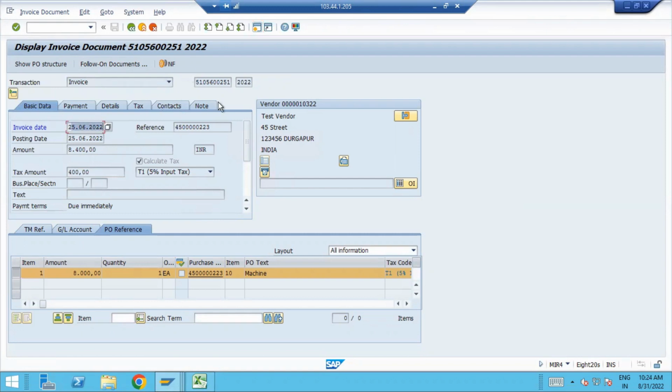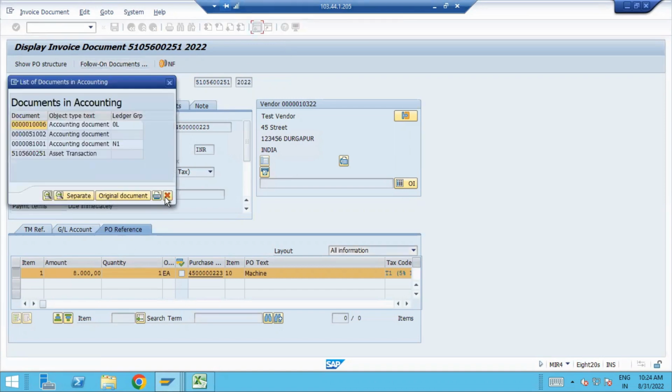Now the business wants to shift from the invoice date to the GR date. So what should be the option here? Nothing, you need to post one valuated GR. When you process the GR, this one is a non-valuated GR. Let's check the documents here.